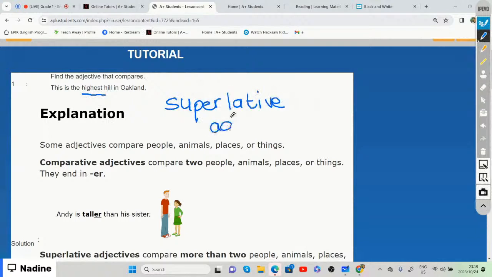It compares this hill to all of the other hills in Oakland. So highest is our adjective that compares, and it ends in est. And like we said, it's a superlative adjective. It compares more than two things.